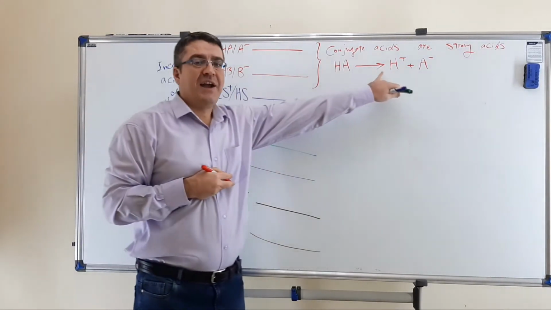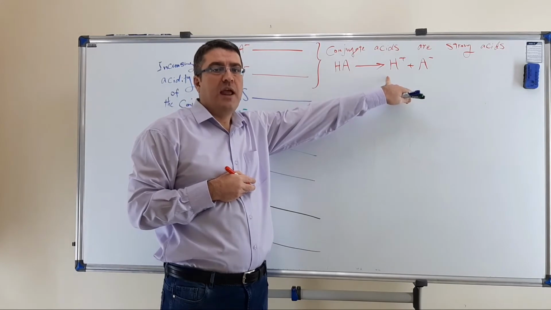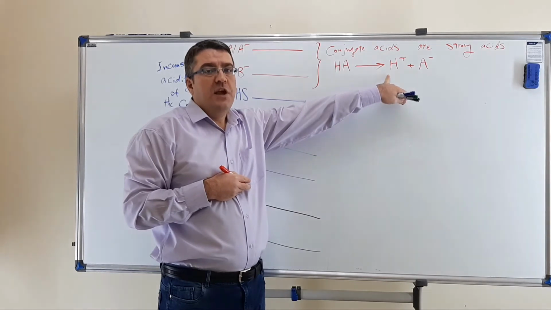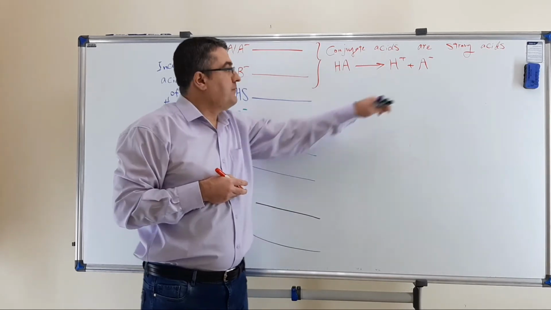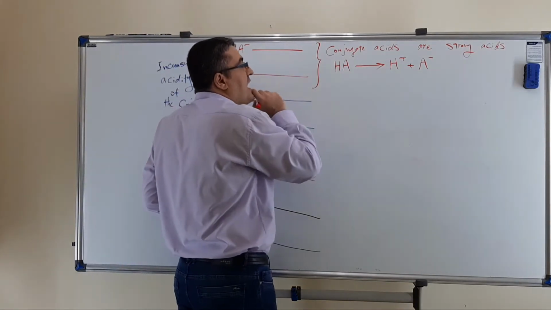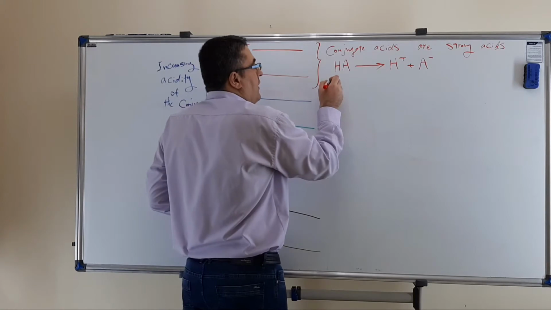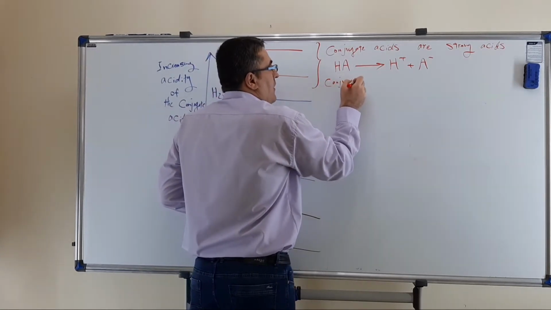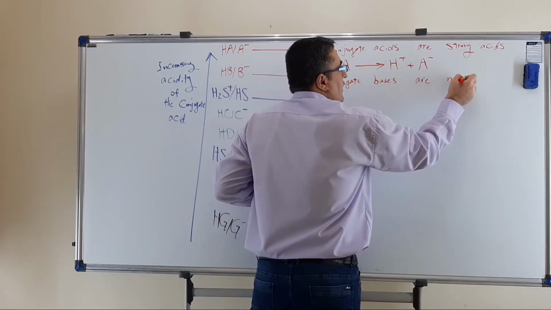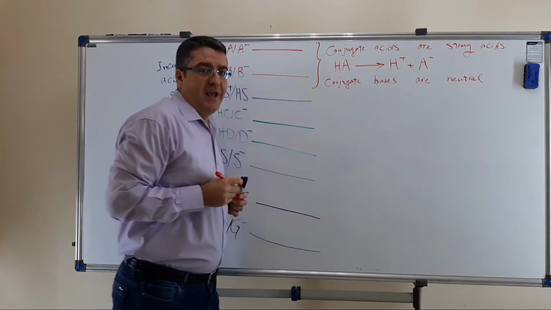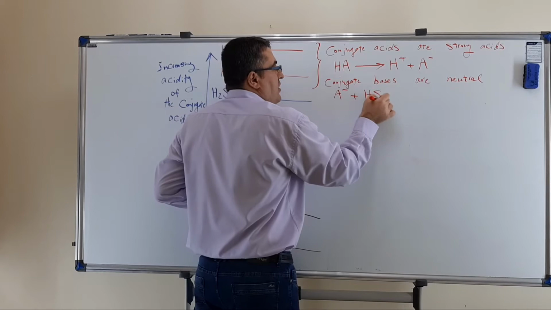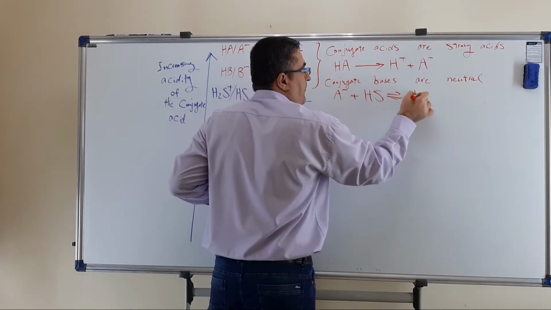In fact, these reactions are equilibrium reactions, but their associated equilibrium constants are so great that we assume they are complete. On the other hand, we treat their conjugate bases as if they are neutral in the solvent HS, and we don't consider base dissociation reactions like this for them.